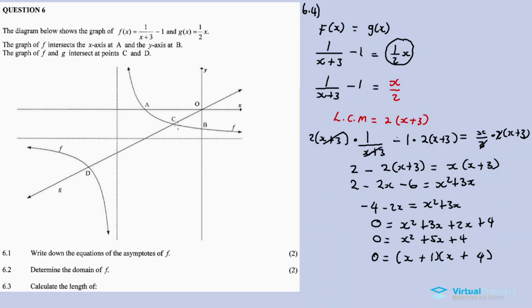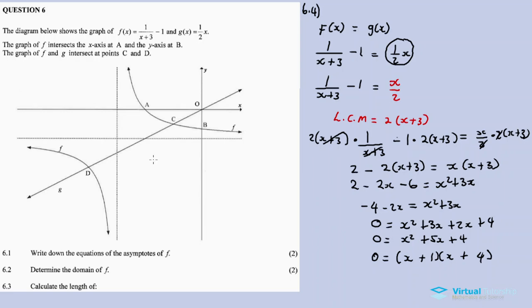So if this point C was in the first quadrant, it would have a positive x value, and then D a negative x value. Since that's not the case, it means C and D both have negative x coordinates, so both are in the third quadrant of the true axis.